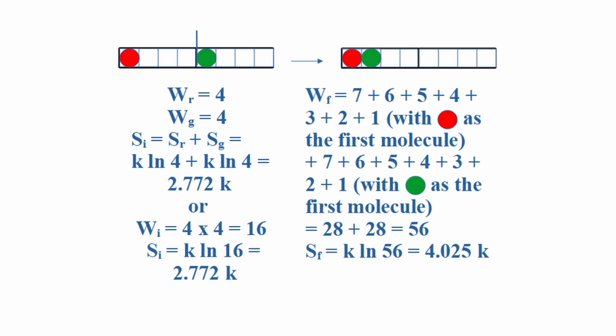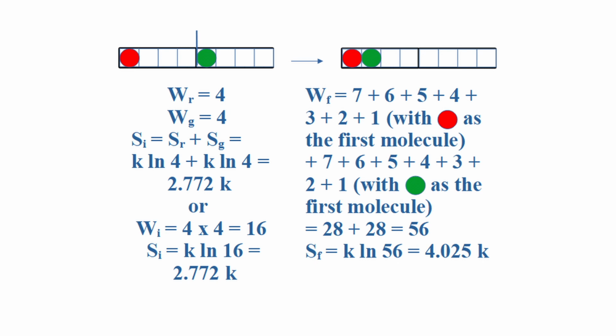To illustrate this, let us consider the mixing of two gases at constant temperature in an isolated container with two compartments. Assume that the molecules of the gas in the left compartment are red colored and those in the right compartment are green.